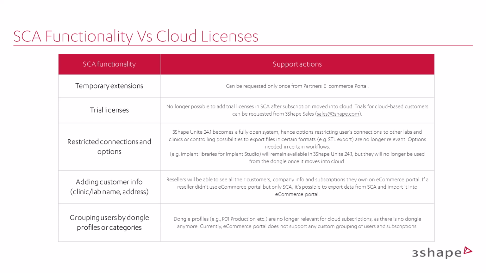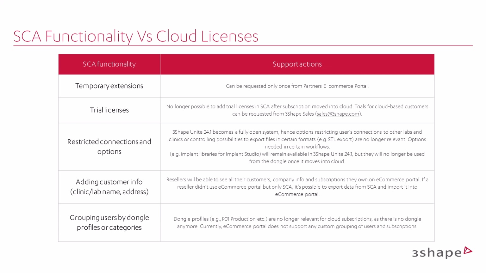With cloud licenses, new methods for managing customer licenses will be introduced. While the current Site Connection admin functionality serves its purpose, some functionalities will not be available with cloud licenses. Let's examine how functionalities available within the Connection admin will operate with cloud licenses. Temporary extensions. Temporary extensions can be requested only once from resellers and partners via the e-commerce portal.